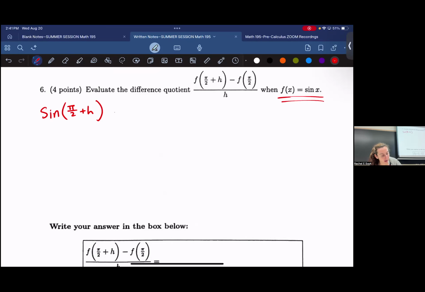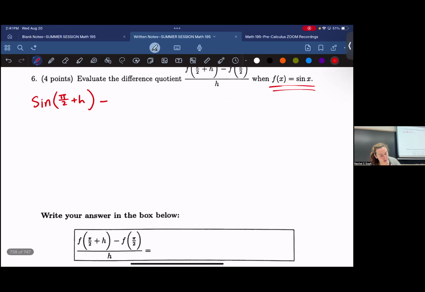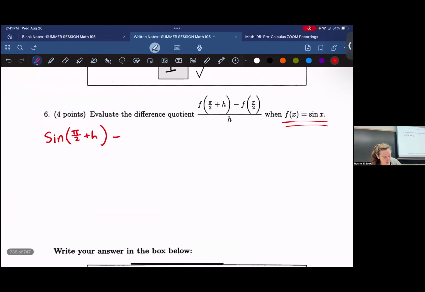And then we have minus f of pi over 2, which is just sine of pi over 2, all over h. So we're actually looking at a difference of sines, right? Sum and difference formulas with that pi over 2 plus h.